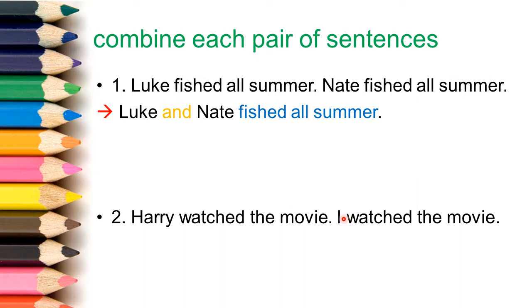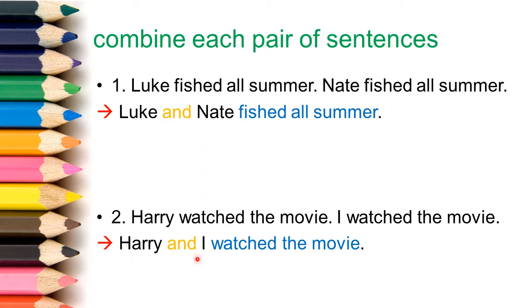So let's combine them together because we have two different subjects and the same predicate. So we must link or join the two different subjects in one compound subject sharing the same predicate. So it becomes Harry and I watched the movie. So Harry and I is a compound subject linked or joined by the conjunction and, sharing the same predicate, watched the movie.